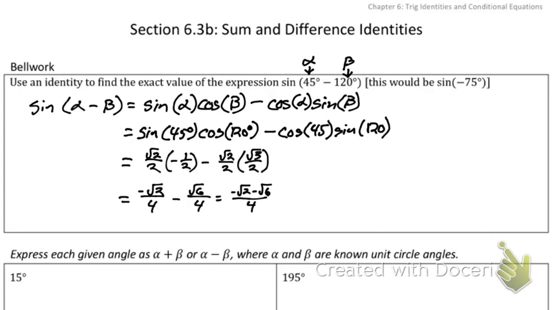I got the right answer, but I had the cosine of negative 120 and sine of negative 120.